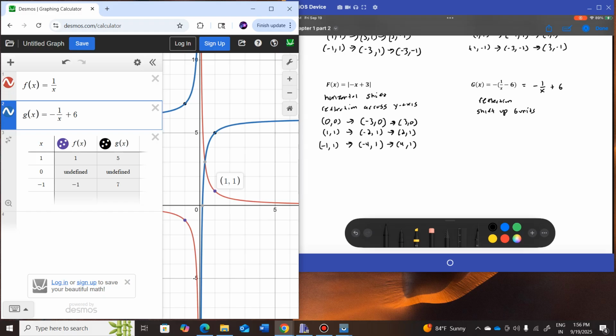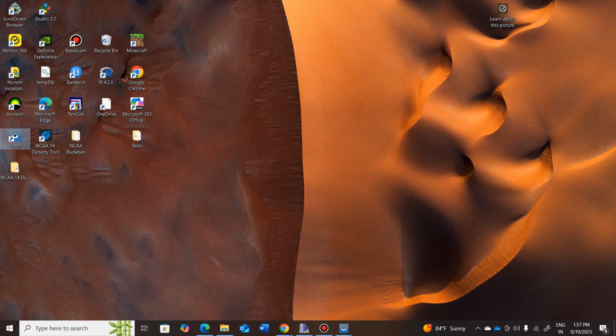Okay, but we see that these red lines aren't just shifted up, they're reflected, right? And so (1, 1) and (-1, -1), we have to figure out what it's doing. And both of these, if you look at (1, 1), it goes to, here I'll put in, what did I just do?